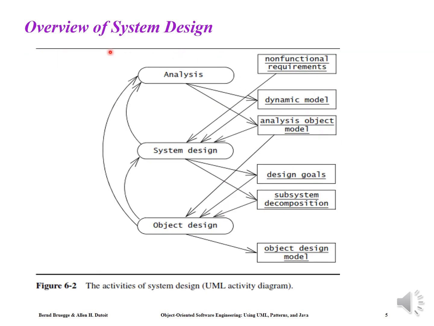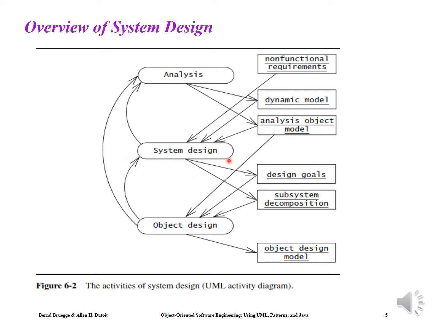Like the analysis we discussed before, the products or outcome of the analysis phase are a set of non-functional requirements and constraints, a dynamic model, which consists of sequence diagrams and state diagrams, and an analysis object model, which describes the entities manipulated by the system.